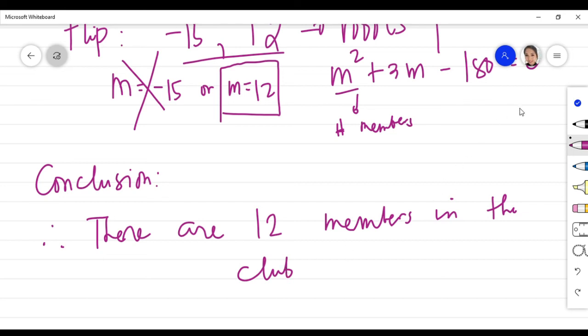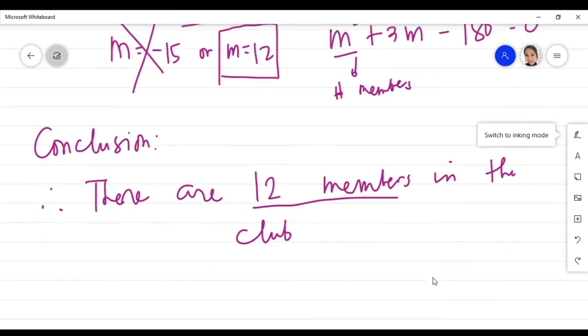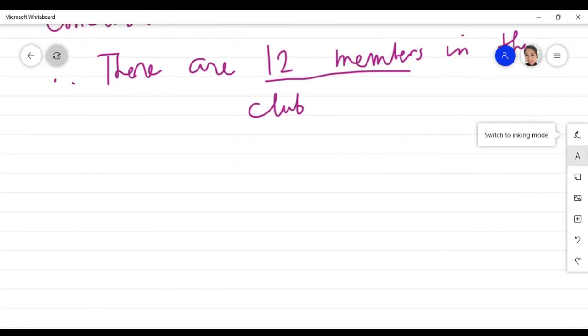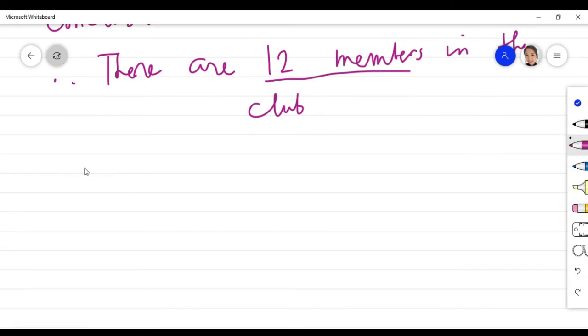Okay. So let's check this answer that we have here, 12 members in the club. Remember that they have to contribute 240 among them. So 240 divided by 12, they will be contributing 20 pesos, right? Now suppose there would be 3 more members.